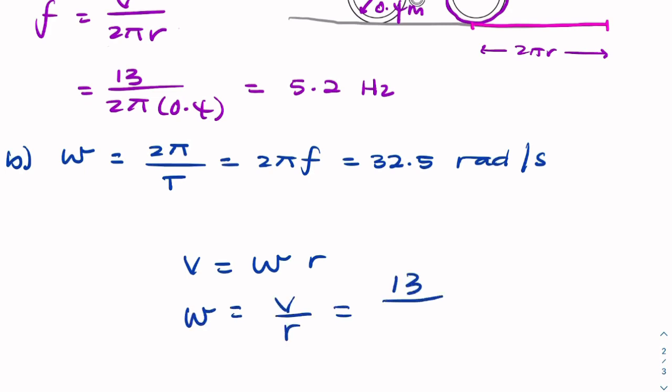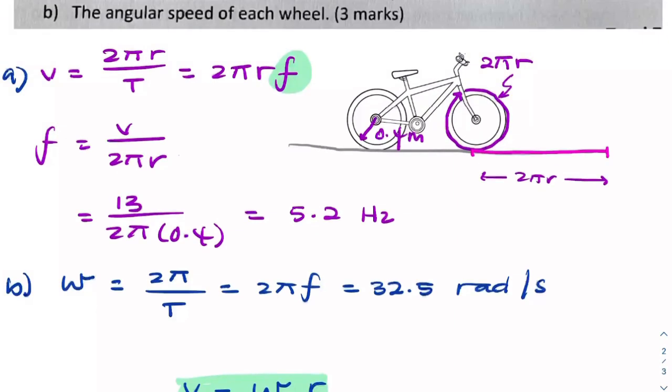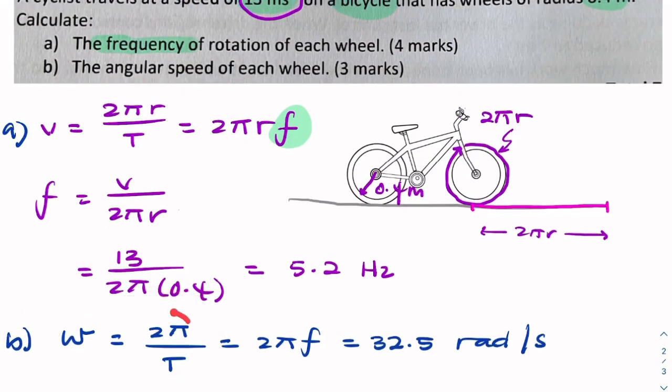So that's 13 divided by 0.4. And that will give you the same answer. So if you know this relationship, you can use that. If you don't, you can use the fact that the angular speed is simply how many radians are covered per second.